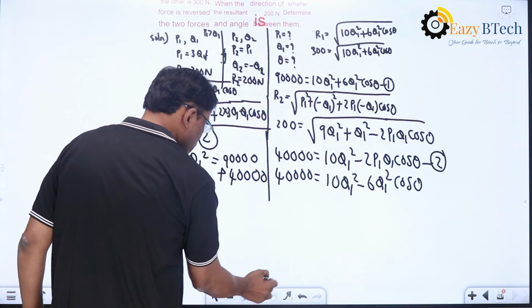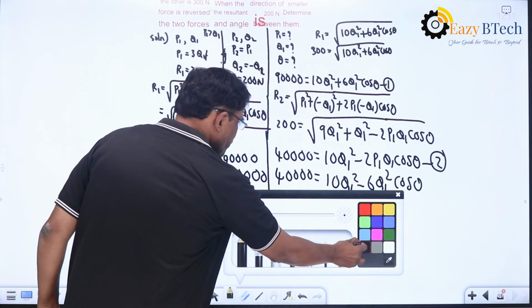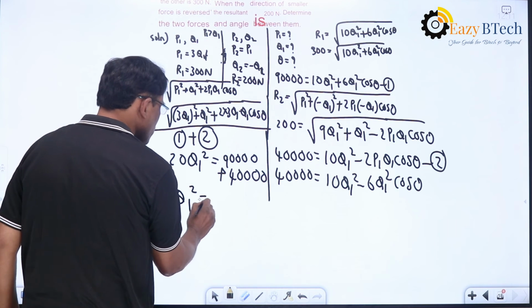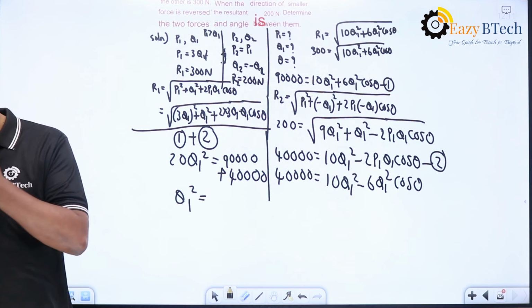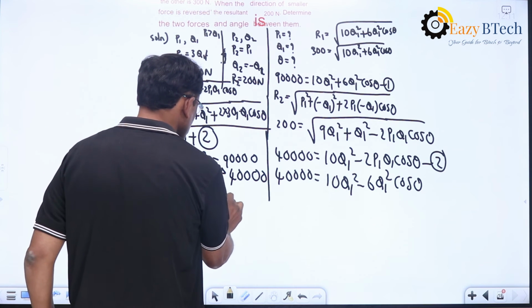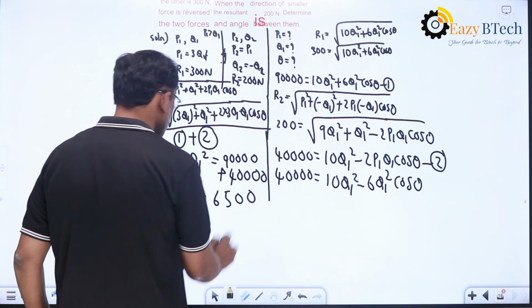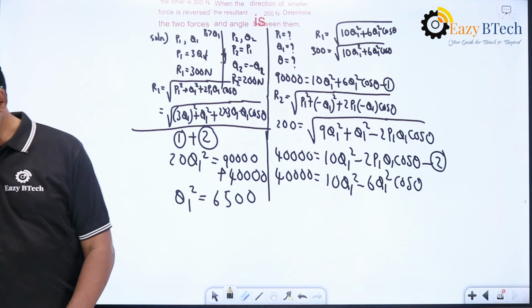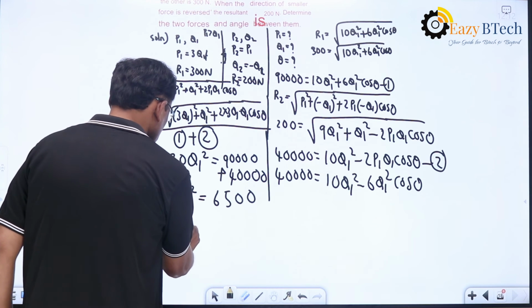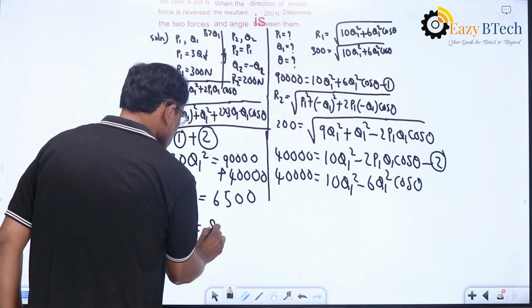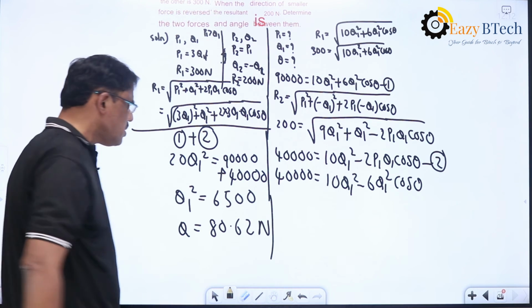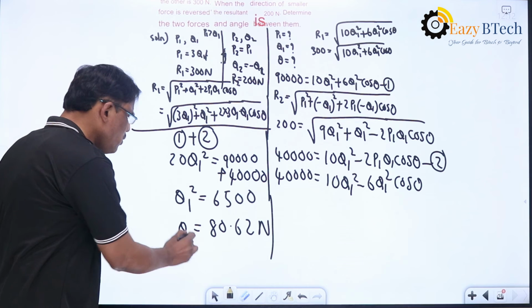So Q1 square becomes 6,500. From this, Q1 is equal to 80.62 newtons. This is the Q1 value.